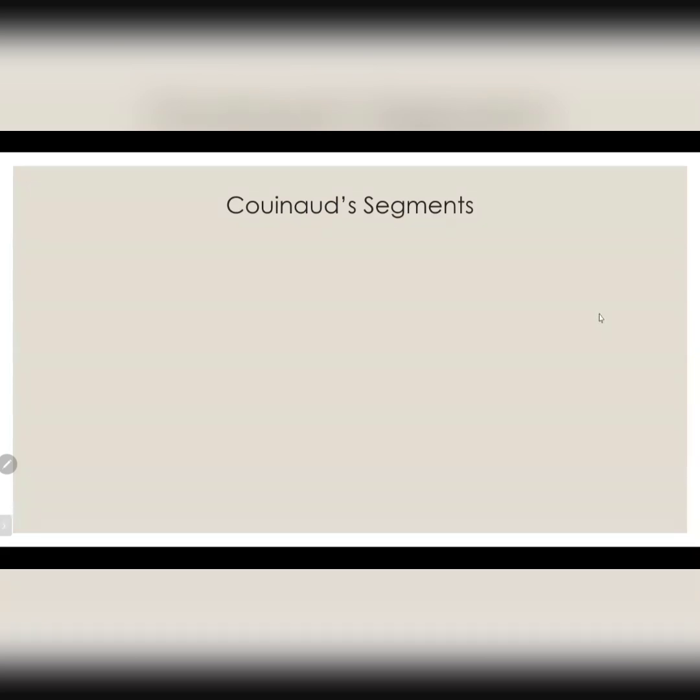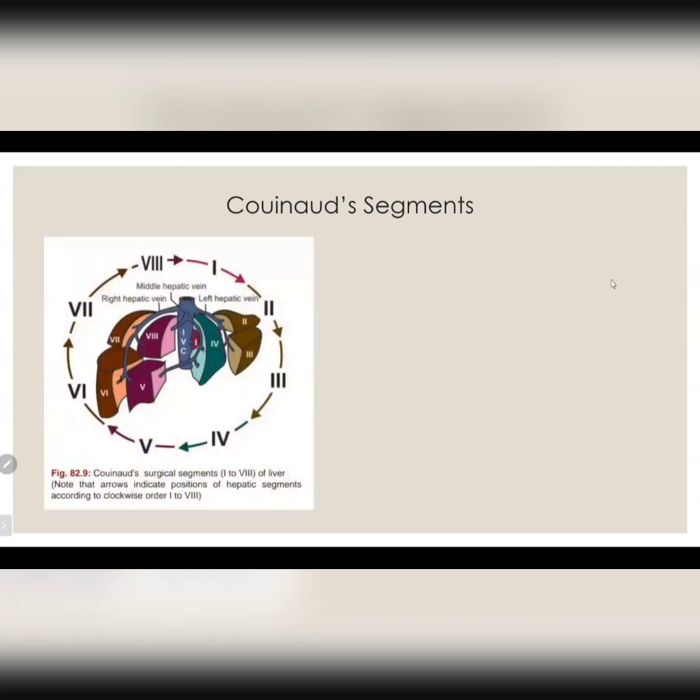This is called the Couinaud's segments. Couinaud is the surgeon who described it. So this person wants to make things a little more complex because so far we've been dividing the liver only into right and left lobes, and we are including the caudate and the quadrate lobes. But now this really talented and intelligent surgeon, he has divided the liver into 8 segments.